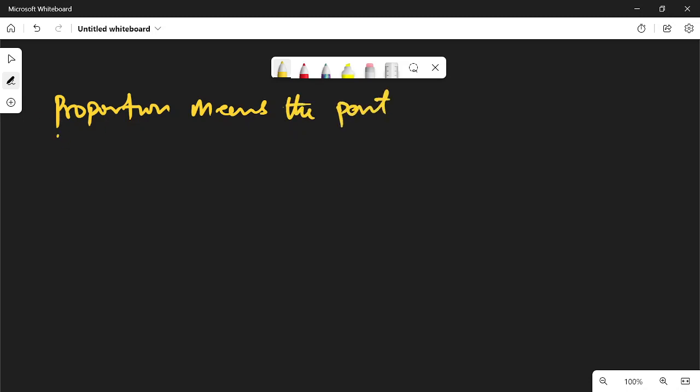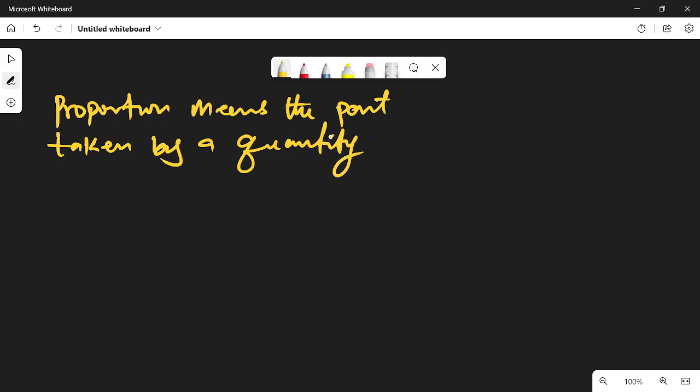Proportion means the part taken by a quantity. That's what we refer to as a proportion: the part taken by a quantity in the total value.